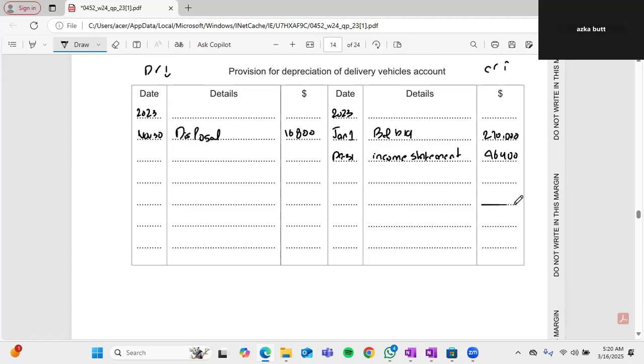So now add. So heavier side is the credit side. This is 349,600. And deduct 16,800 from the total.